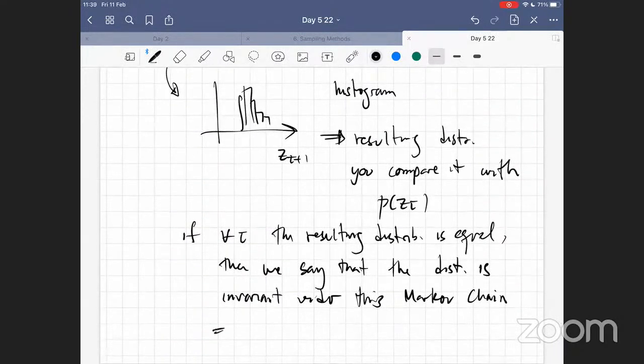Or in other words, the Markov chain has attained the equilibrium distribution.